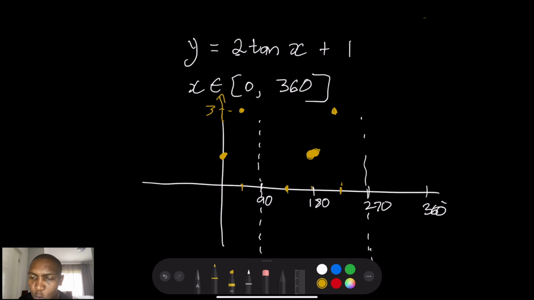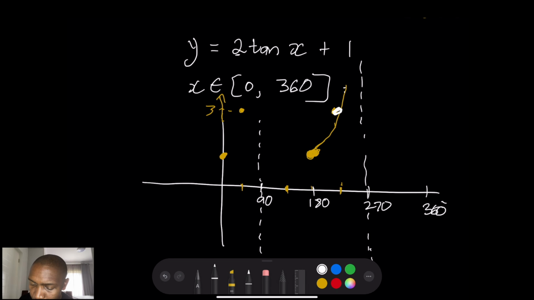So where would it cross 0? Right, let's try and draw that graph. Maybe I should have made 3 there. Okay, so those are my asymptotes. Sorry, let's rather make that point there.